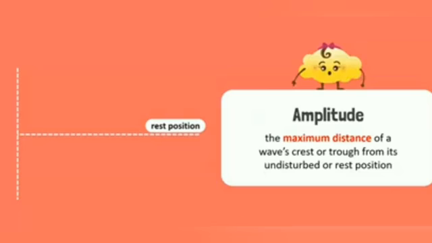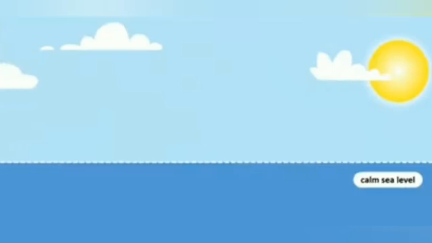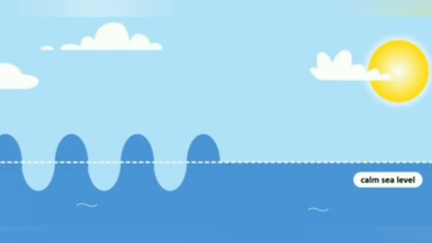First, let us look at amplitude. As waves travel, they create disturbance. The amplitude of a wave is the maximum distance of a wave's crest or trough from its undisturbed or rest position. Think of a calm sea and then an incoming wave. The amplitude is the height of the top of the wave from the flat sea level.